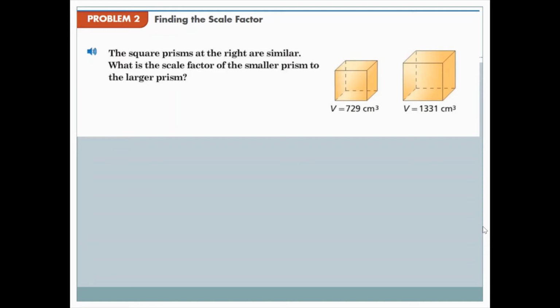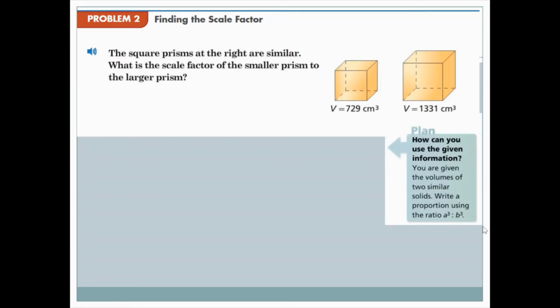We all know that the given is in cubic, or in volume. How can you use the given information? Since we have the given volumes of two similar solids, we will use the ratio a cubed to b cubed, or a cubed over b cubed.